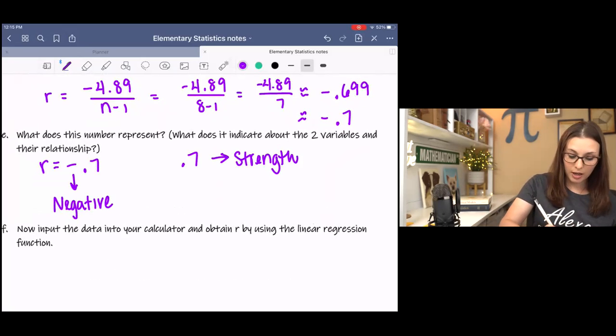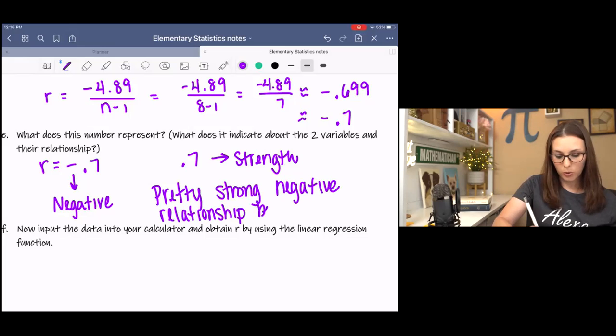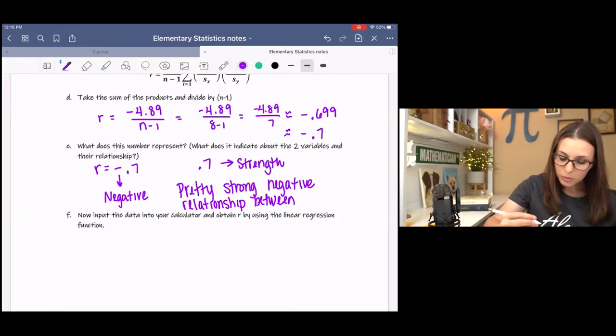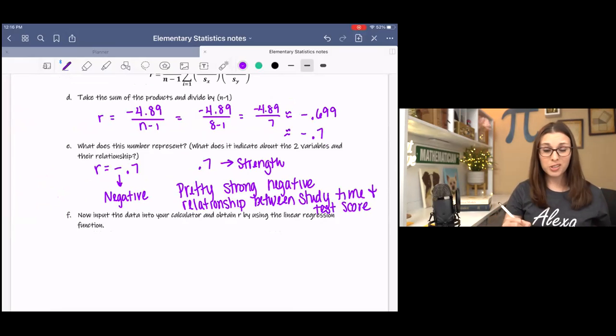So there is a pretty strong negative relationship or correlation between, we're in a room, study time and test score. 0.7 is pretty strong.